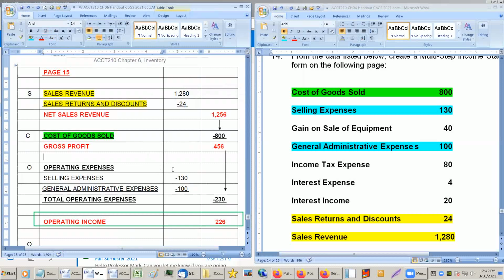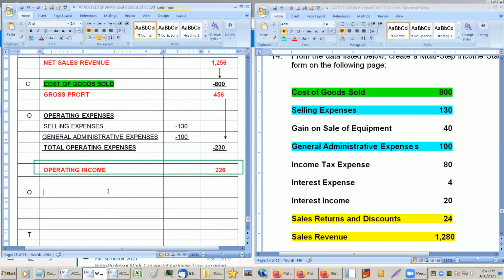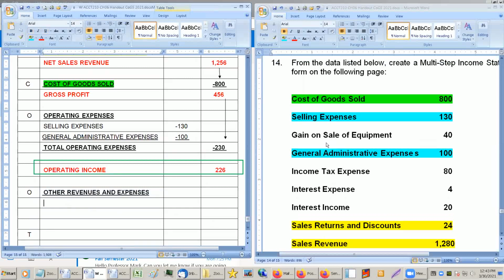Okay. So other revenues and expenses, these are the things that are incidental to the business. They're not really what we're in business to do, but they did happen.